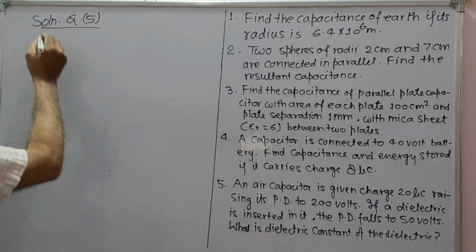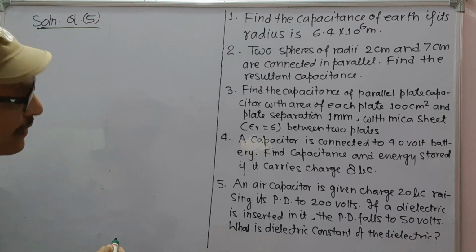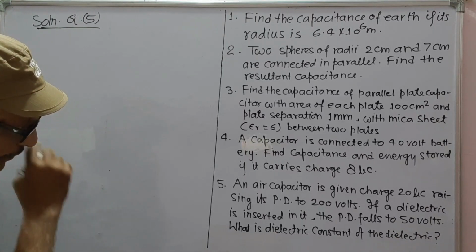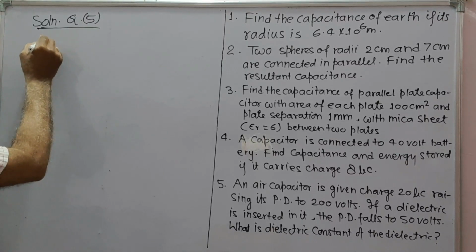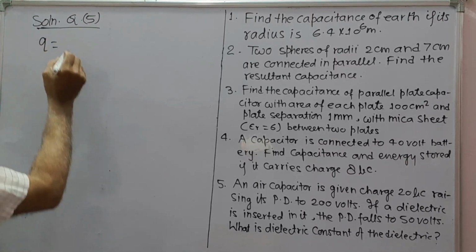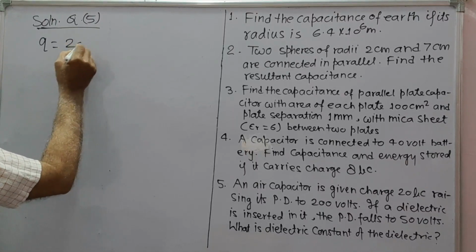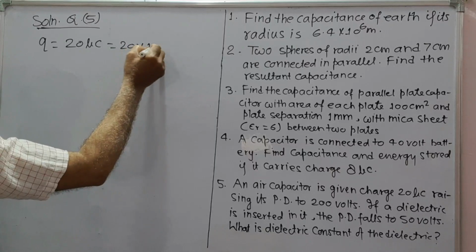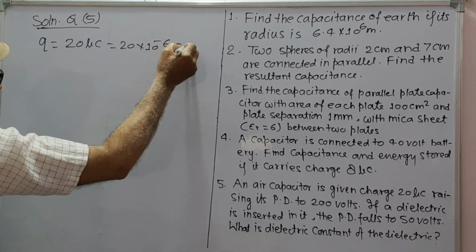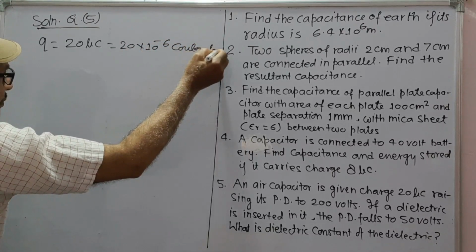Here, charge Q is equal to 20 microcoulomb, which is 20 into 10 to the minus 6 coulomb.